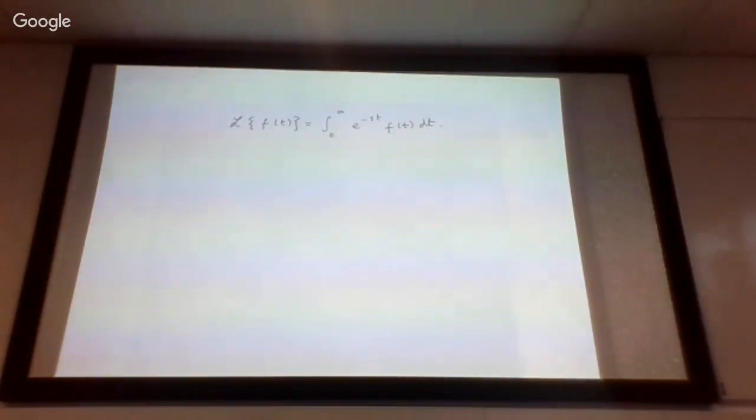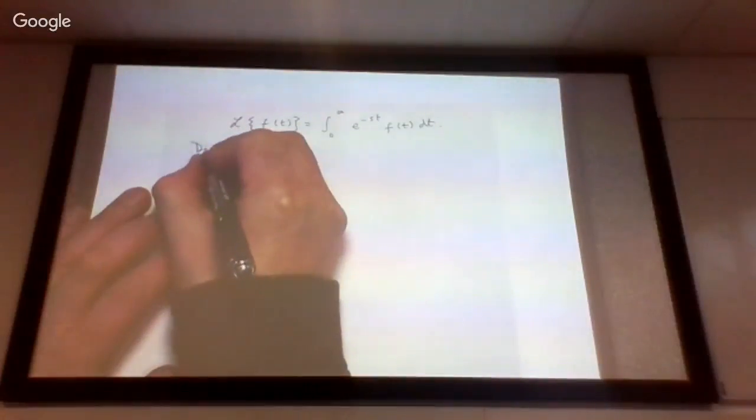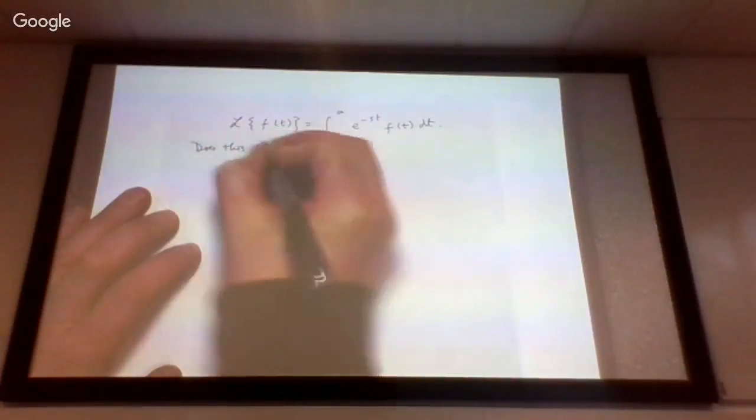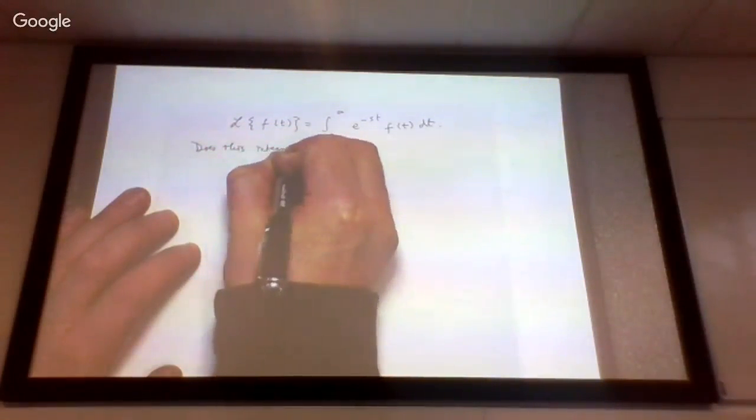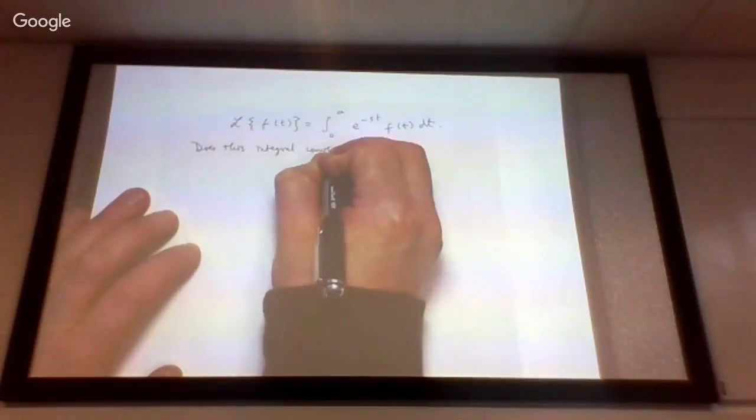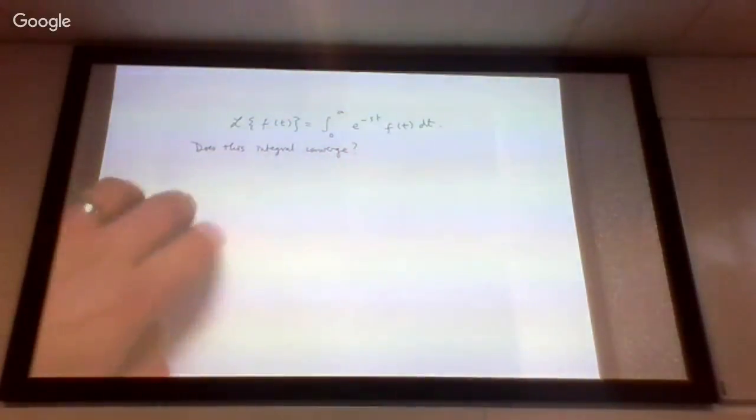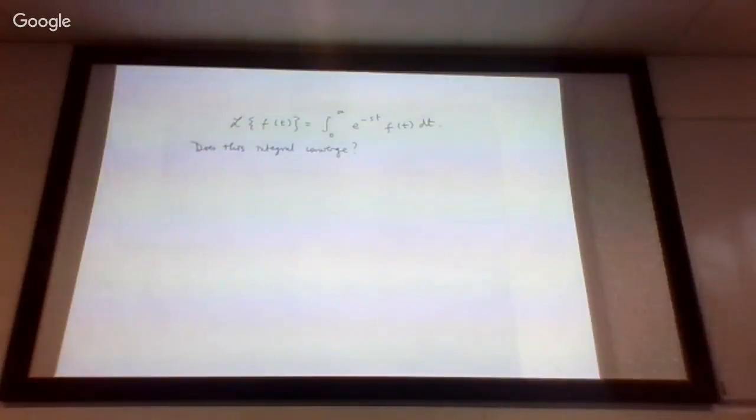It's an integral of f multiplied by an exponential. But we notice that it's an integral of f over an infinite range. So does this integral converge? When you're faced with integrals over an infinite domain, that's maybe a question you ask yourself. Is this a sensible definition?